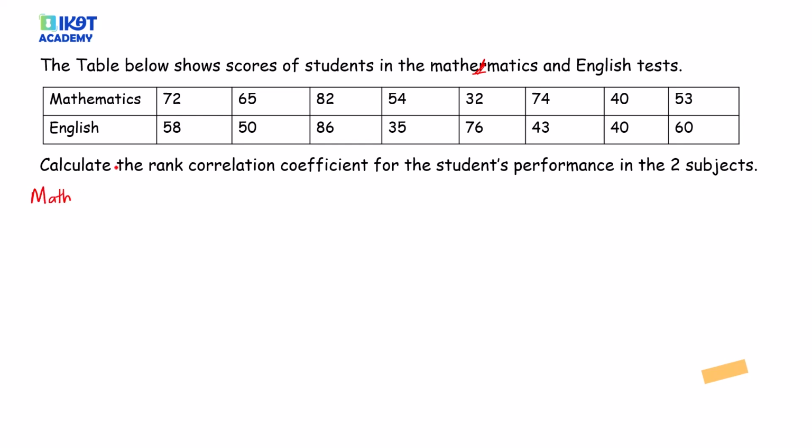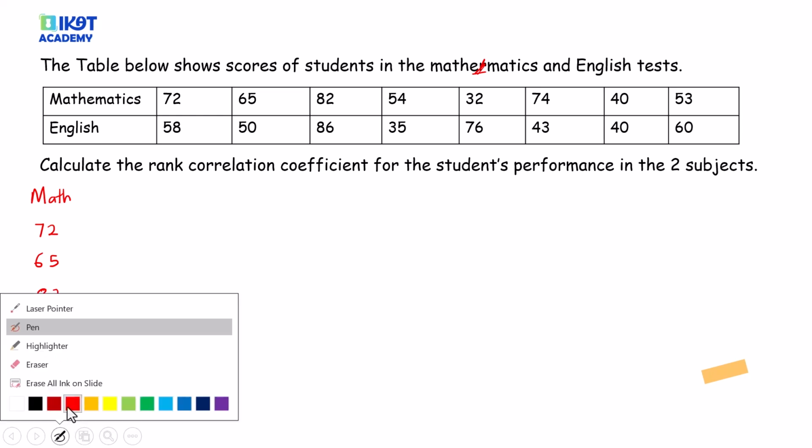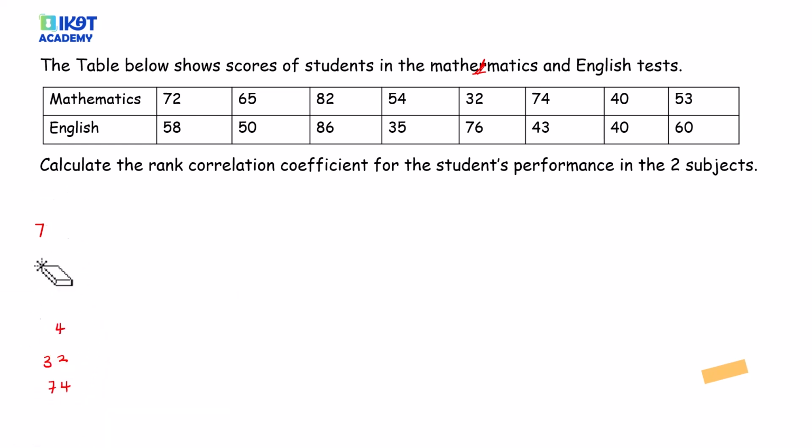So we have math, then the marks are 72, 65, 82, 54, 32, 74. I think I've written very big figures. Let me clear this.